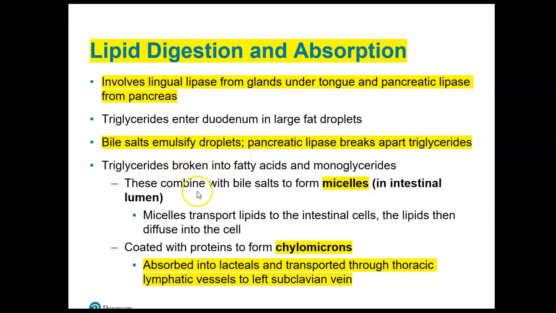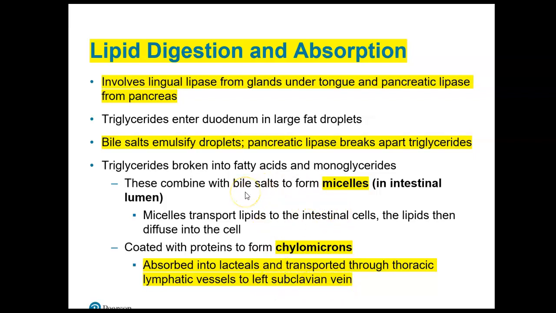All right, so there are two stages as far as what happens in the digestion of fats and the movement of those fats into the lacteals, into the lymphatic system, before the products of that digestion eventually enter the left subclavian vein.